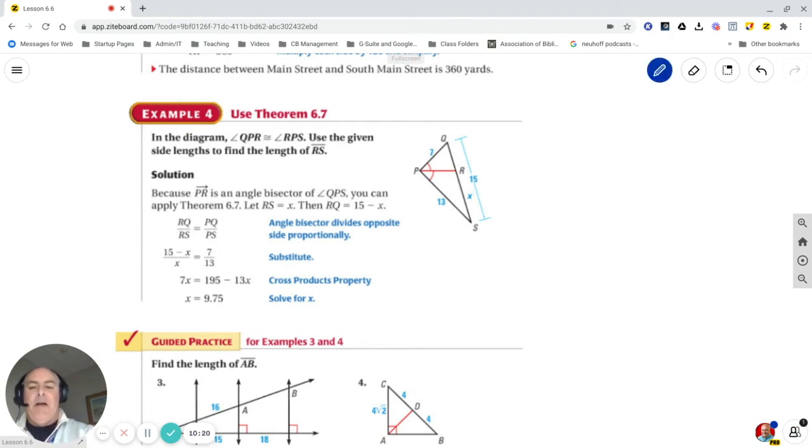So I set up my relationships: RQ over RS, PQ over PS. And now I substitute in. What I have to remember is that RQ is going to actually be this entire distance minus that part. That's how I end up with 15 minus x. Once I see that piece of it, everything else I plug into the equation, and then I simply solve for x.